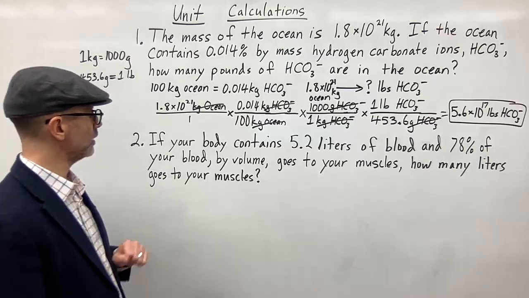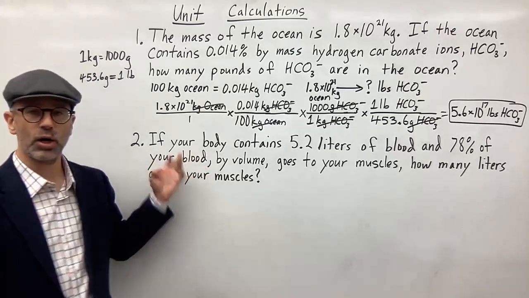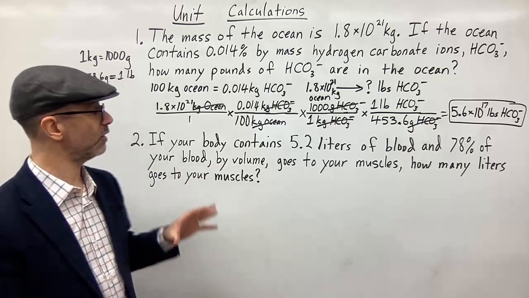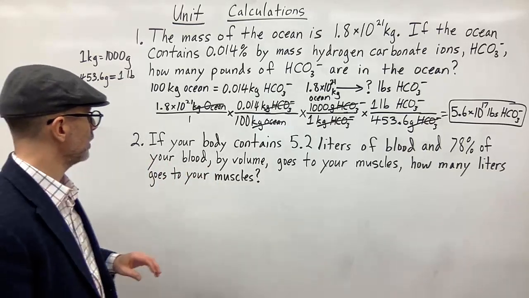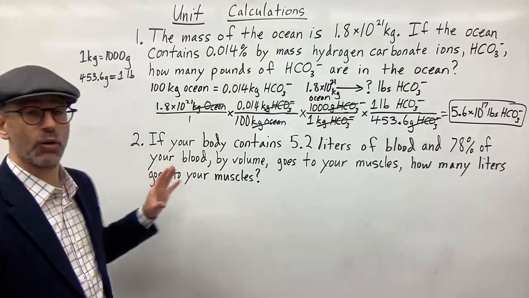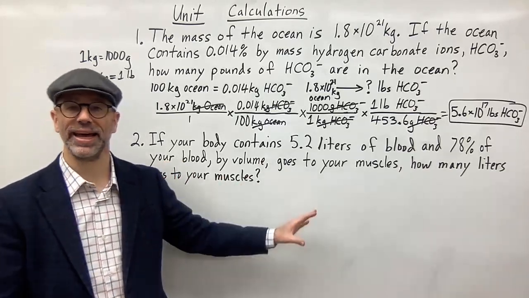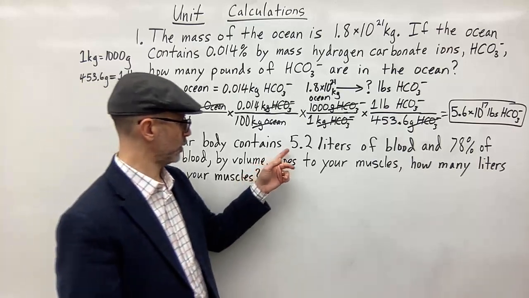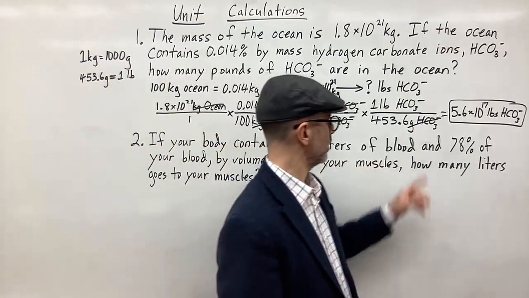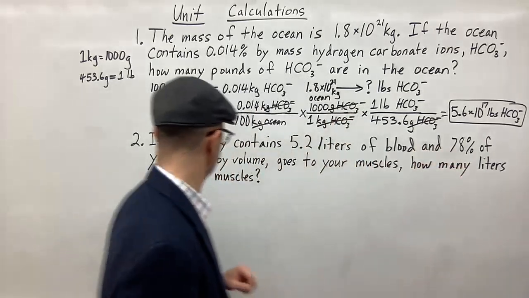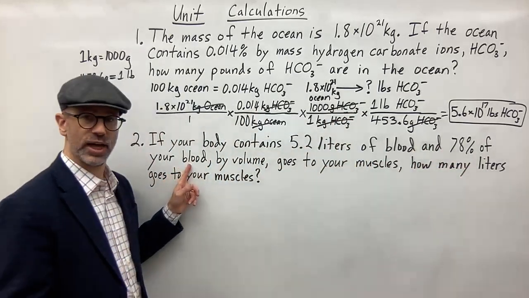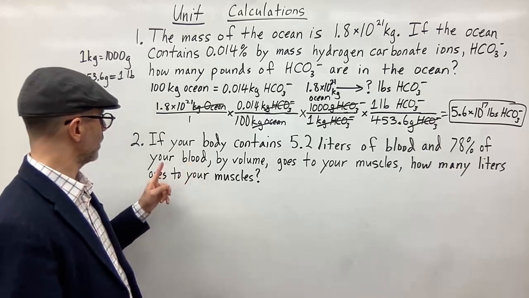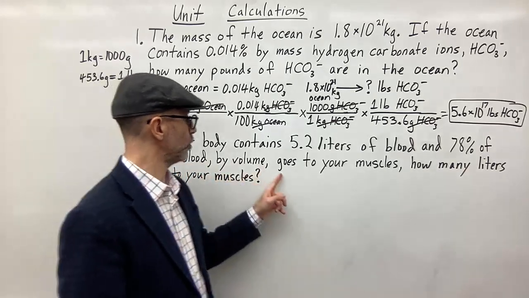Okay, what about this one? Again, we're going to read the problem, pull out the information, look for conversion factors, and then figure out where we're going to start and where we're going to end in the problem. So it says if your body contains 5.2 liters of blood and 78% of your blood, by volume, goes to your muscles.